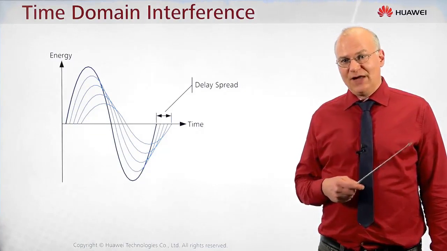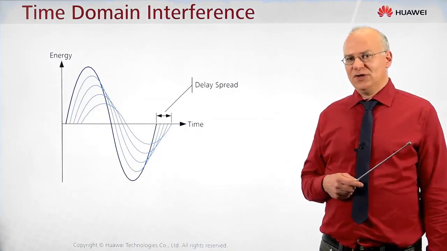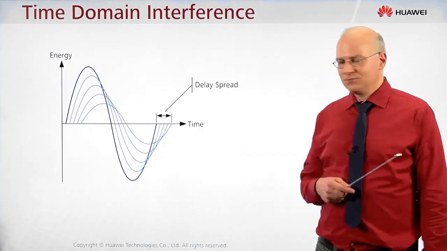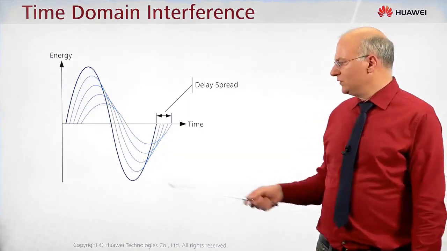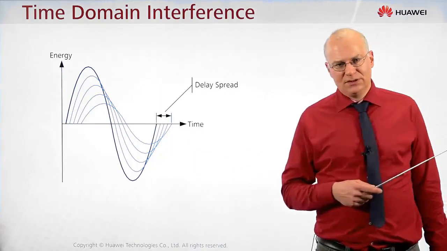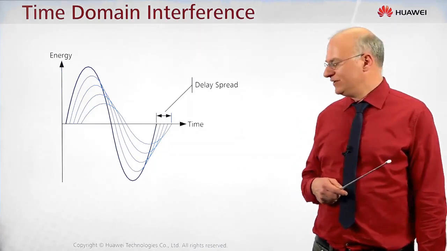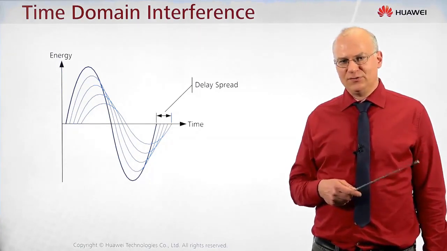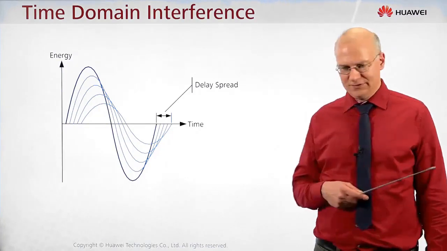An advantage of OFDM signals is related to the time domain interference. This shows a typical mobile phone signal at the receiver that is transmitted on different radio paths.